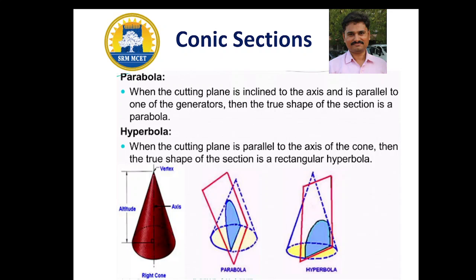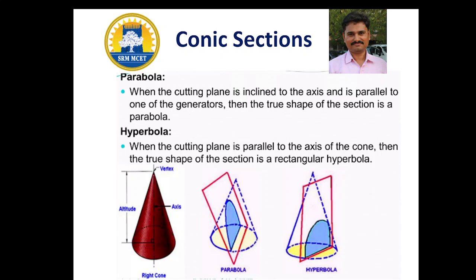Suppose the cutting plane is perpendicular to the axis, that is parallel to its base circle, then we get a circle. If it is slightly inclined to the axis, then we get an ellipse. So here we are going to discuss the hyperbola.